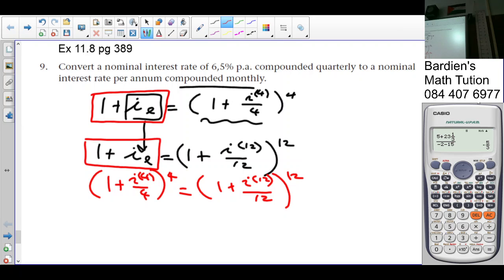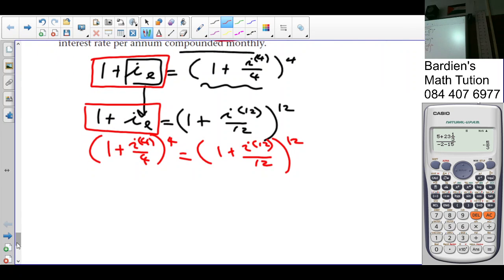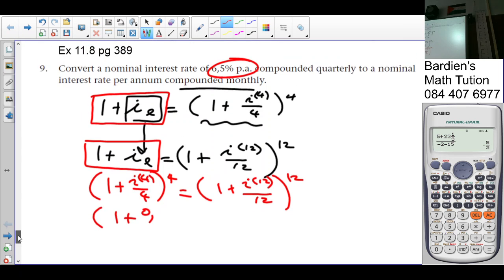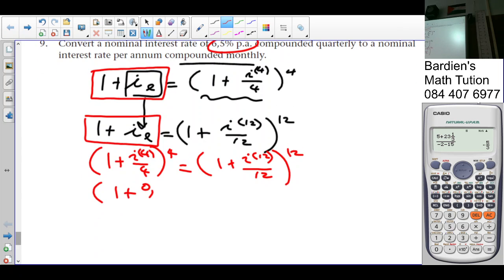So now we know that the 6.5 compounded quarterly must be changed to a nominal rate compounded monthly. So I'm going to say (1 plus 0.065 over 4) to the exponent 4 is equal to (1 plus i to the 12 over 12) to the 12.